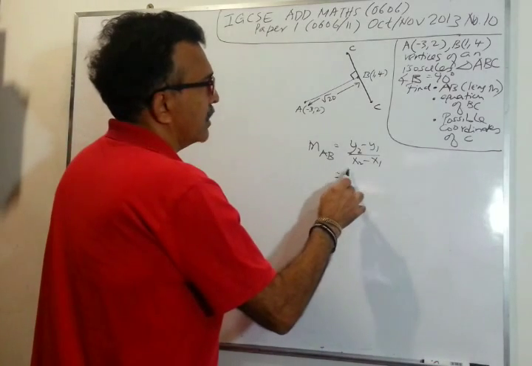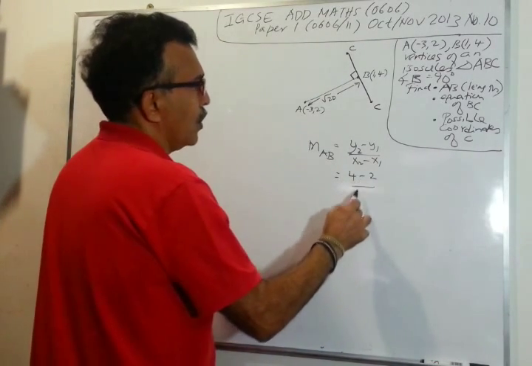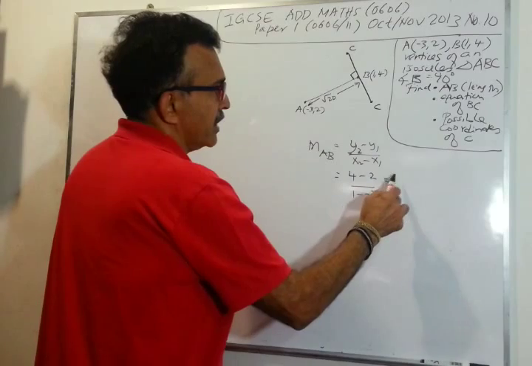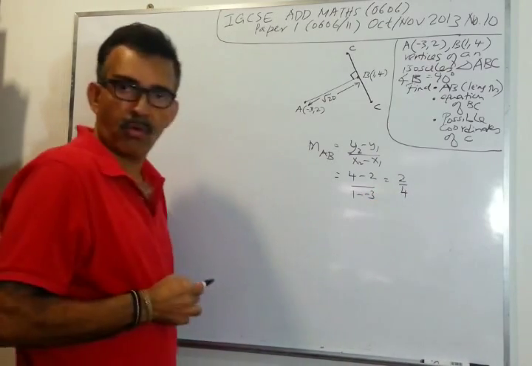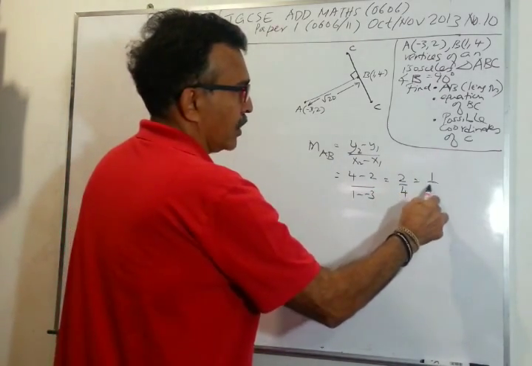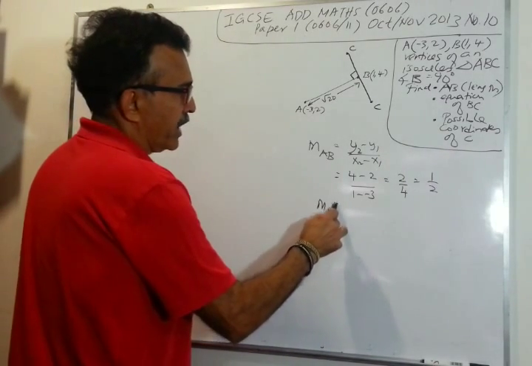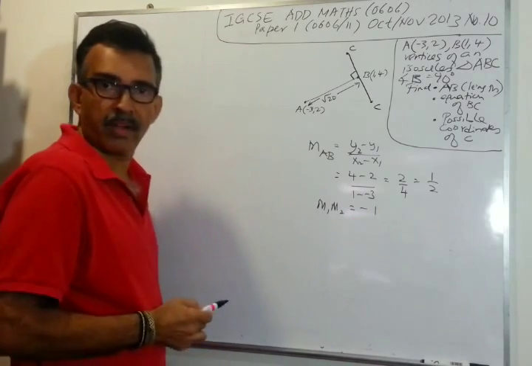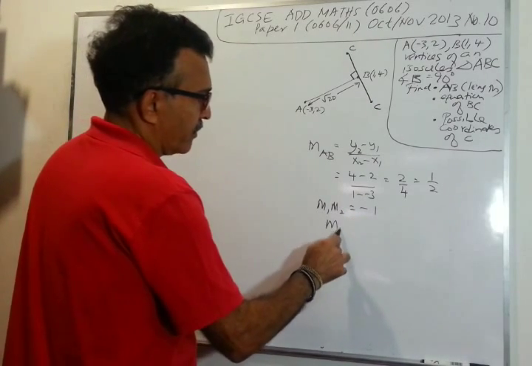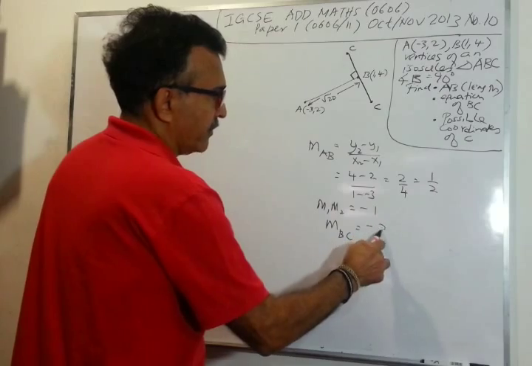So I can write 4 minus 2 over 1 minus -3. This will give me 2 over 4, and that gives me 1 over 2. So using the idea of m1 m2 equals -1, I can write the gradient of BC as -2.